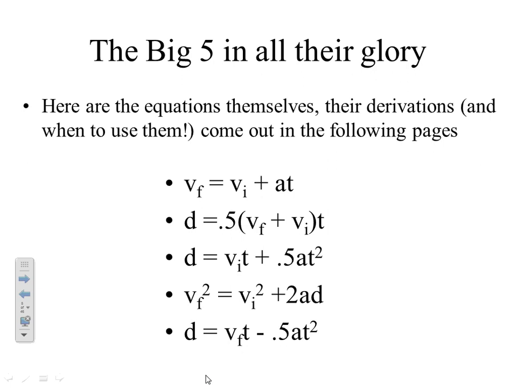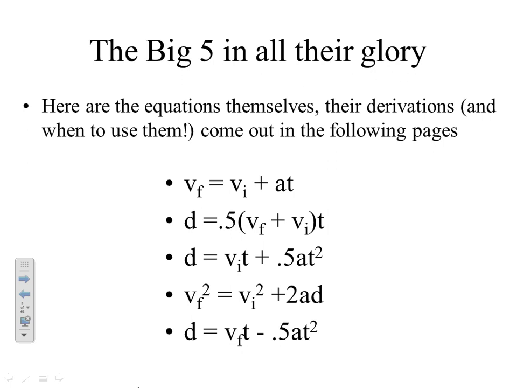I will say that I give the big 5 equations, and this is different from most other physics teachers. And actually, these equations are listed a little bit differently than in the standard AP physics equations. It's not to say that these are illegal or anything, but these will not be on the sacred equation sheet.